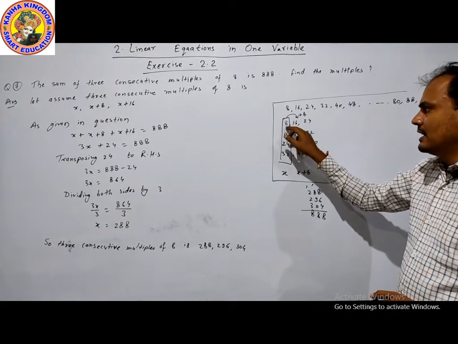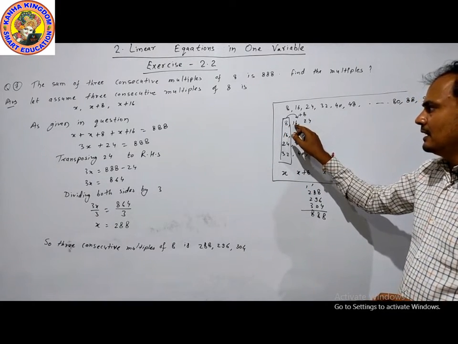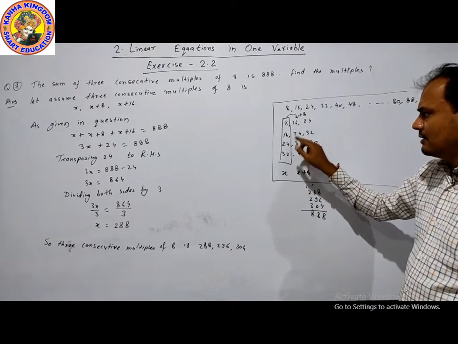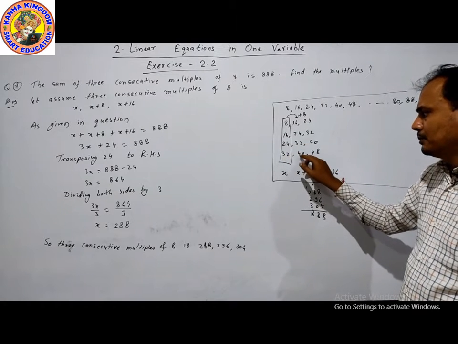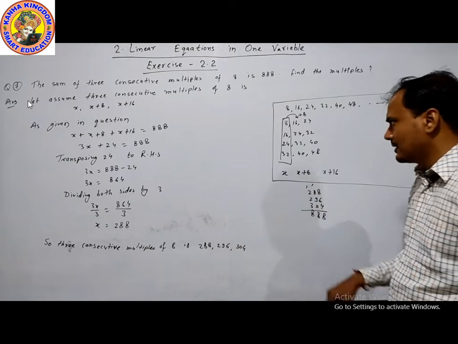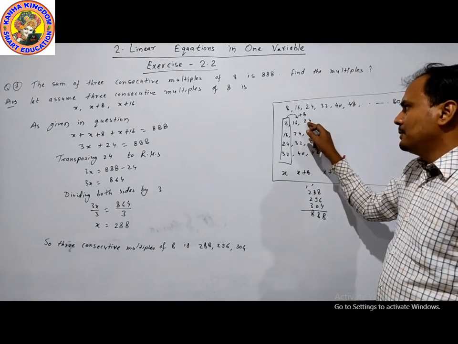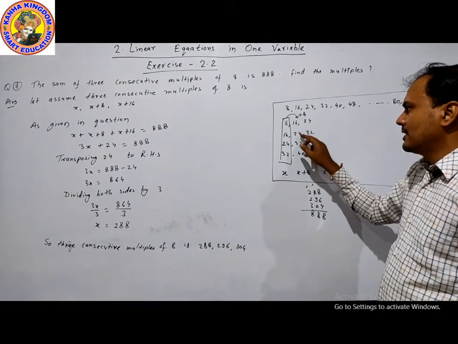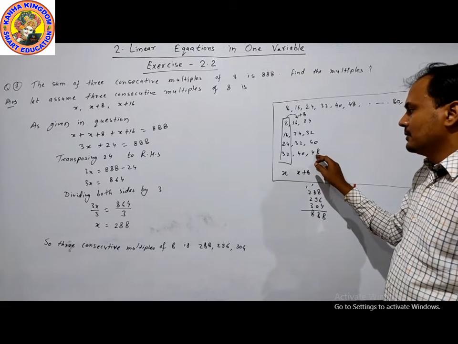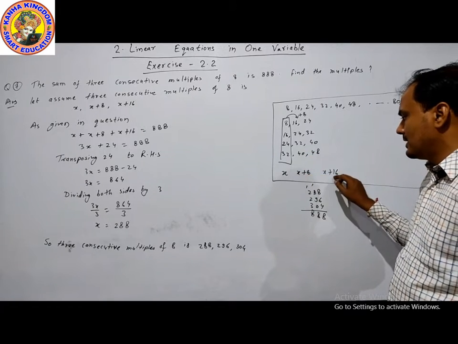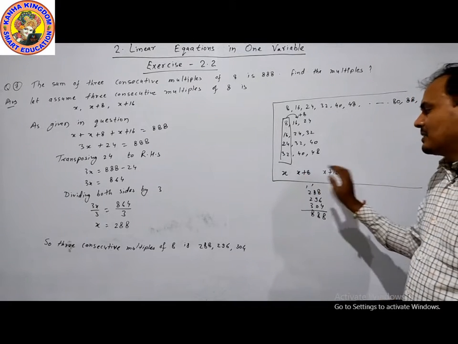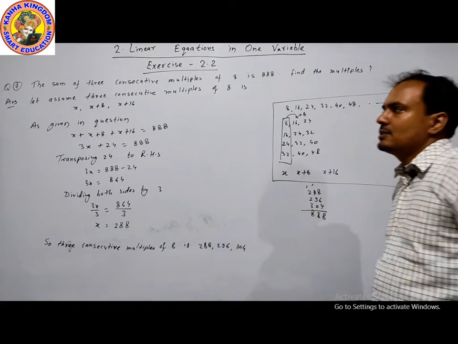What is the next number? It will add 8. 8 plus 8 is 16, 16 plus 8 is 24, 24 plus 8 is 32. So x plus 8, and then x plus 16. There are three numbers: x, x plus 8 and x plus 16.